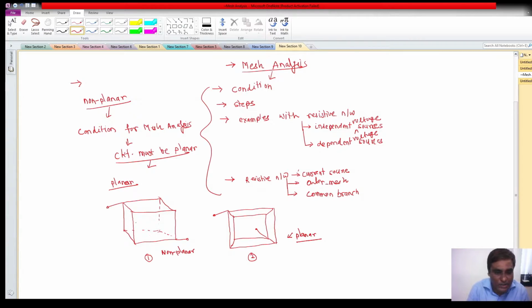Now let us have the definition for identifying non-planar and planar networks. Here you can say that some of the branches in this network have been overcrossed or undercrossed by other branches. Here you can see these three branches are crossing the other branches, whereas you can see that there are no branches crossing each other.